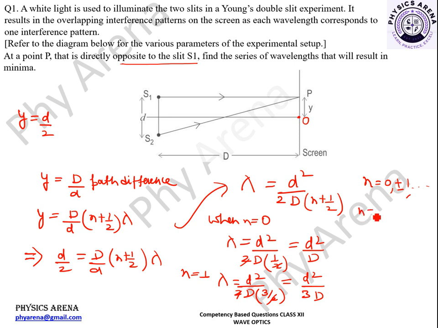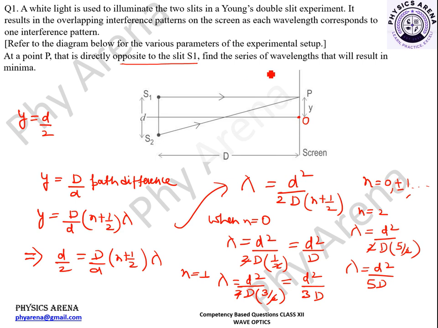Similarly, for n is equal to 2, we get lambda is equal to d square upon 2 times capital D multiplied by 5 by 2, and lambda becomes equal to d square upon 5D. So in the question, it has asked to find the series of wavelengths that will result in minima.